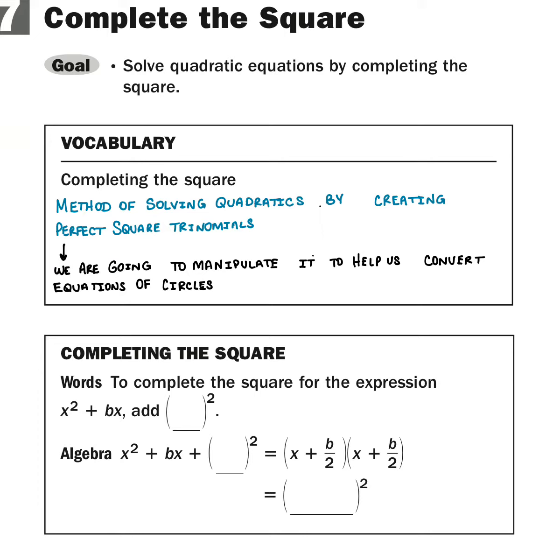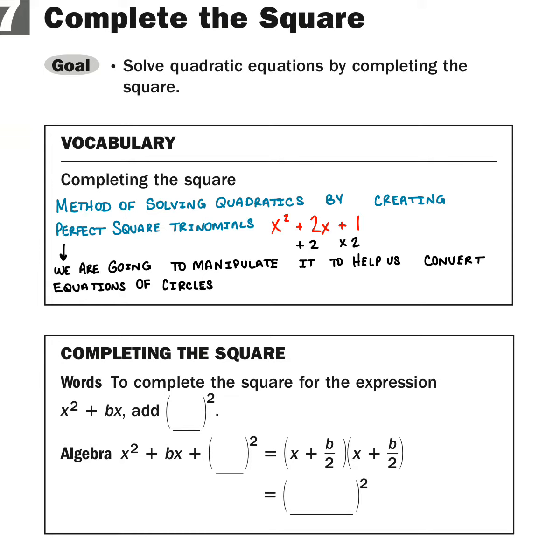And perfect square trinomials, what they are, so if I remember, x squared plus 2x plus 1. If we think back to our factoring, we need two numbers that multiply to be 1 and add to be 2.